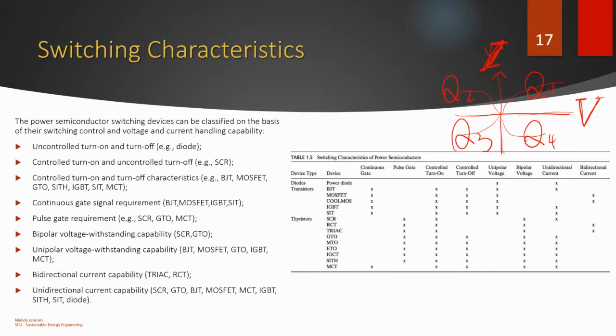So you've got to be careful, because these 2 quadrants are for generators. If you enter quadrant 2 or 4, that means that your switch has now become a source.